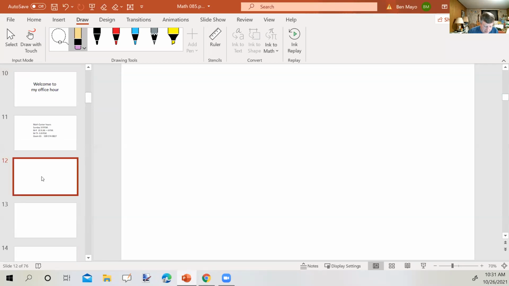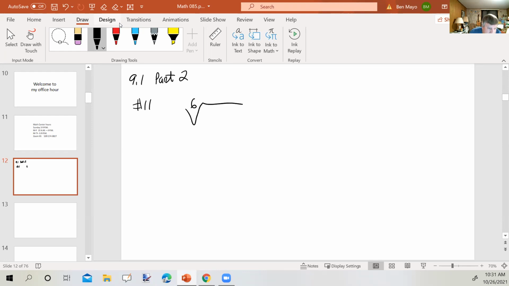So this is in section 9.1, part 2, number 11. It says, simplify the radical expression. Assume the variable is unrestricted. And we are to take the 6th root of 64b to the 6th power.